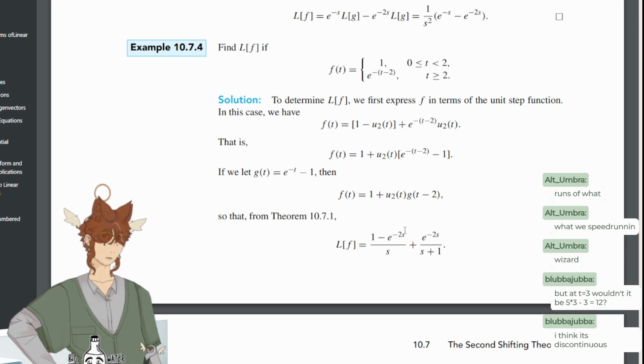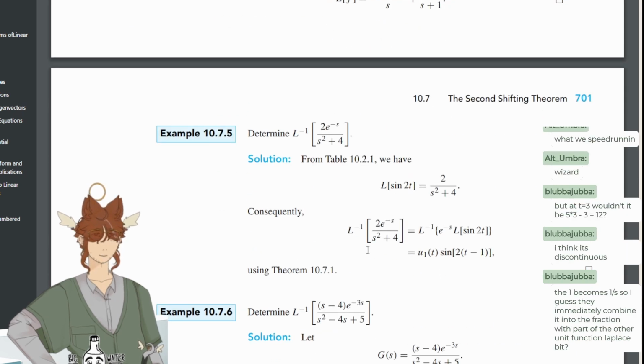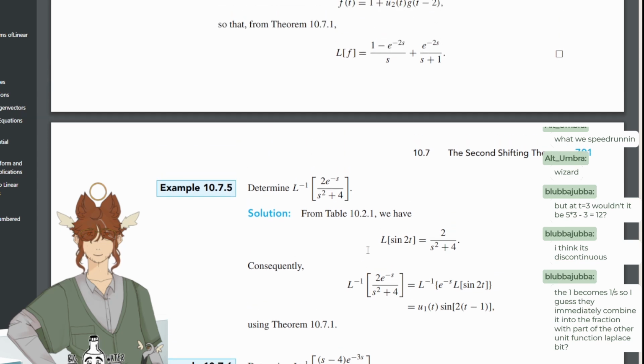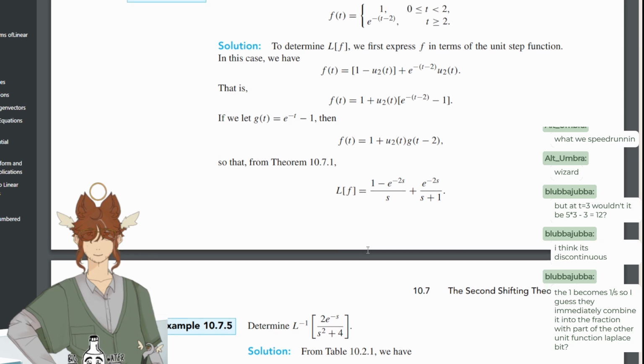But they're also like... Ooh, I don't know why they're doing... They're subtracting that shift there too? Why are they doing that to the 1? Why aren't they doing the linearity of transforms? I agree with this part, the s plus 1, because we're gonna add... Oh no, I don't... Let me go with 1 over s, so they immediately combine it into the fraction with the other part of the unit function Laplace bit.